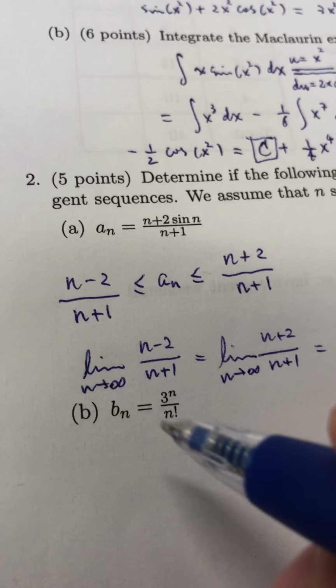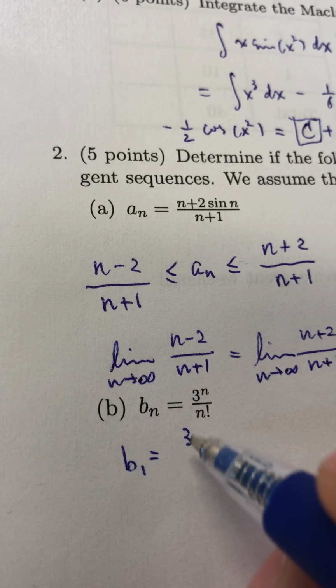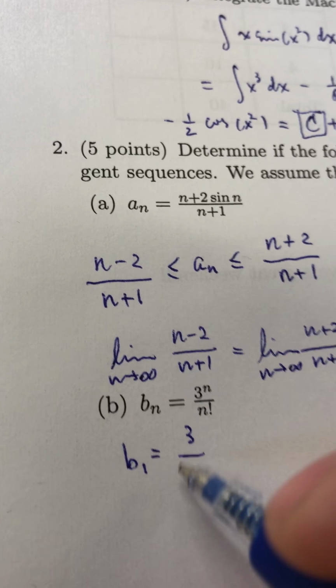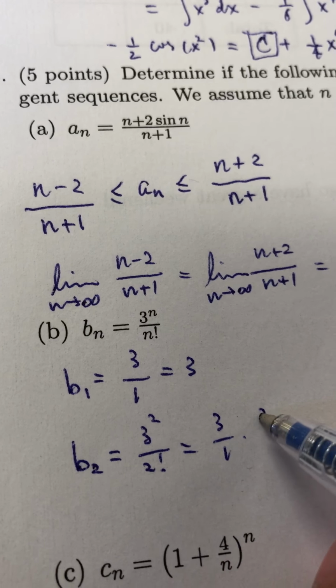Okay, the first term in this sequence is b1 equals 3 over 1 factorial, which is 3. b2 is 3 squared over 2 factorial. Or you can rewrite this as 3 over 1 times 3 over 2.